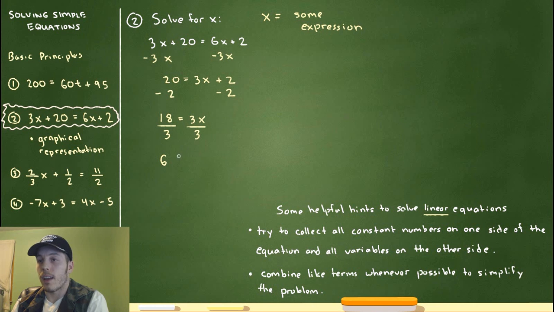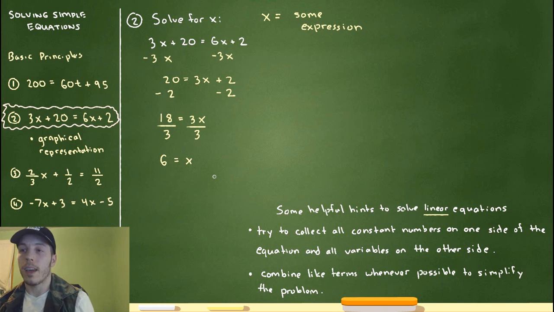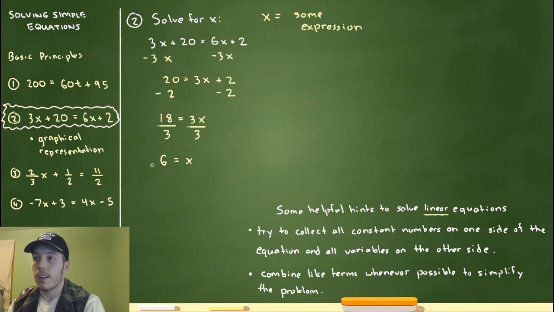And on the right side, we have 3x divided by 3, which, 3 divided by 3 gives me 1, or essentially the 1x. We generally don't write 1x, we just write x. So we have x is equal to 6, right?